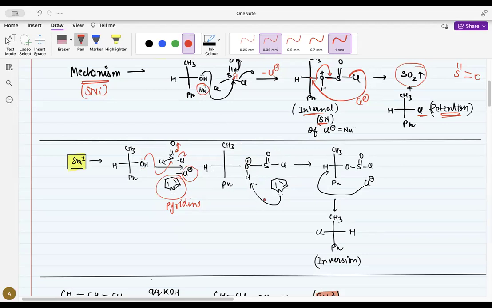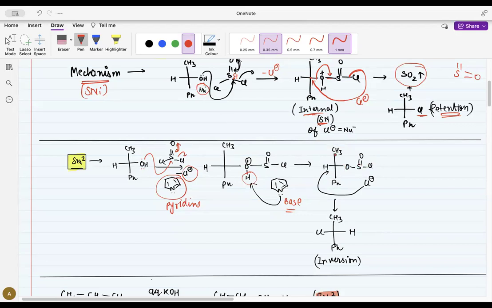And so what will happen now? Pyridine will act as a base. Pyridine being a base will take the hydrogen of this. है ना? इसका हाइड्रोजन ले लिया तो हमारे पास ये प्रोडक्ट बना.